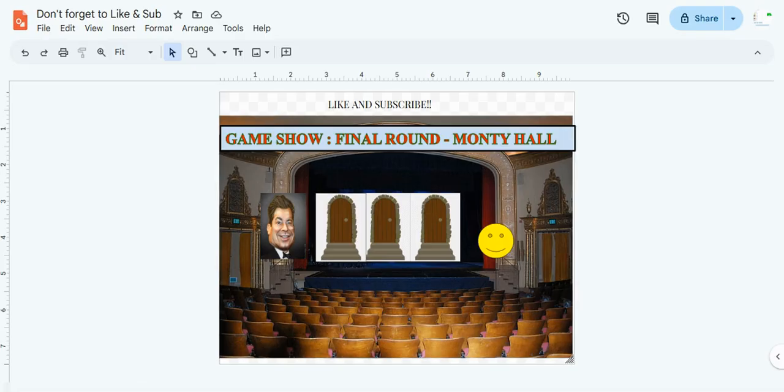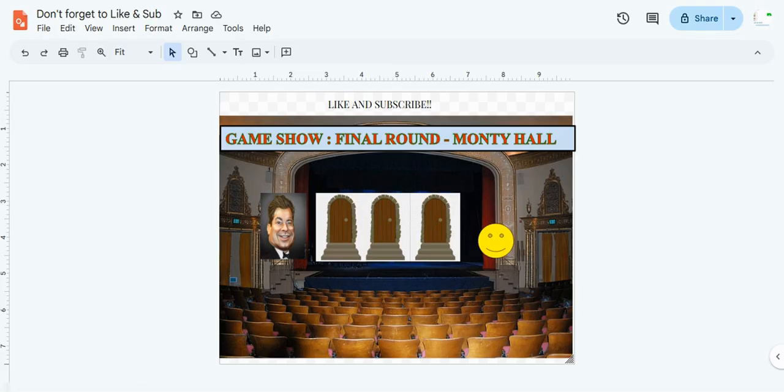Now, the host, who knows everything that's behind the doors, which is our little creepy guy over here, opens one of the remaining doors and reveals a goat. So let's say you pick door 1, and our little guy over here reveals door number 3 as having goats.